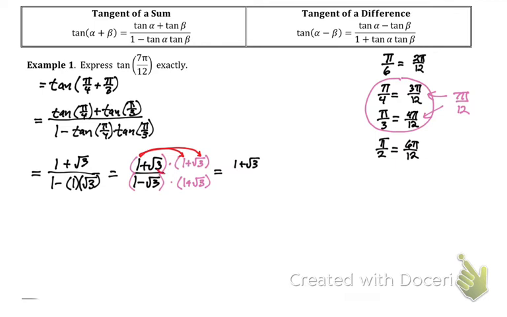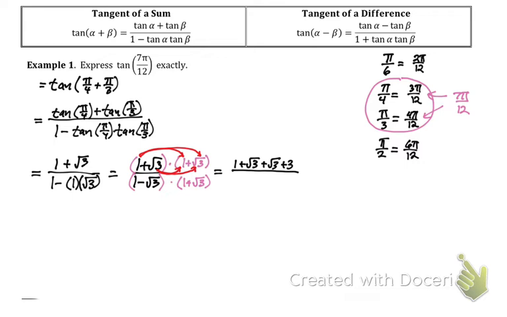Then I take the second number and distribute that. So I basically have 4 arrows. Square root of 3 times 1 is square root of 3. And then we have square root of 3 times square root of 3, which is 3.